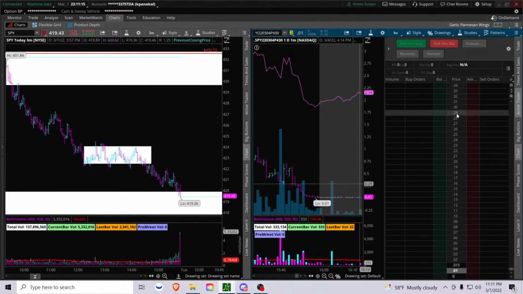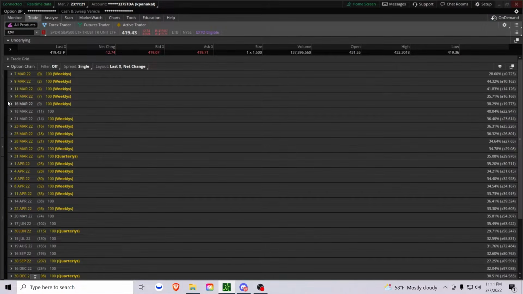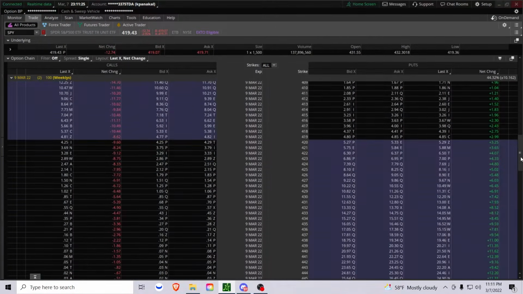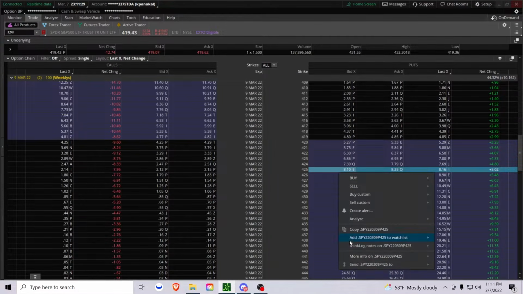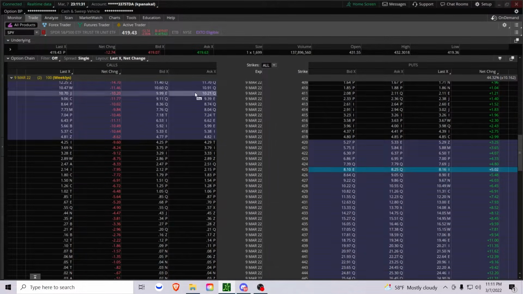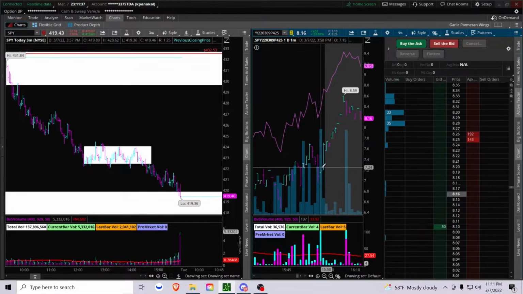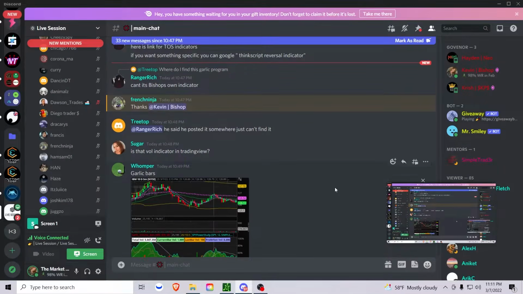And over here you would see the live price, kind of like level 2, I guess you could say. That's why I like Thinkorswim, because there's so much customization you can do to it. There are indicators you can personally make and stuff like that. So that's why I personally recommend TOS. Even if you're not going to use it to trade, you could definitely use it for your charts and everything.